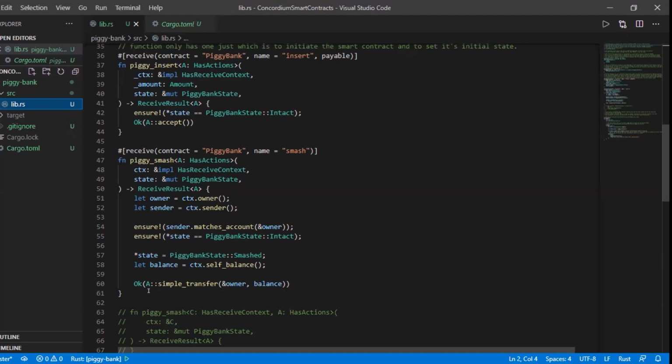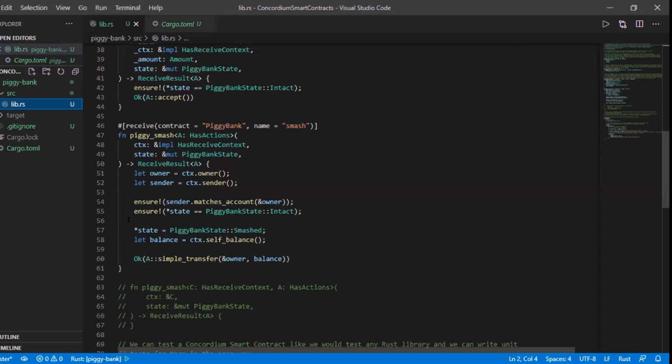And it also factors into how error handling is done in Rust, in a very expressive manner. So here is a second receive type function, which is again similar to a method, that should state that if the piggy bank is smashed, this is what it should return.